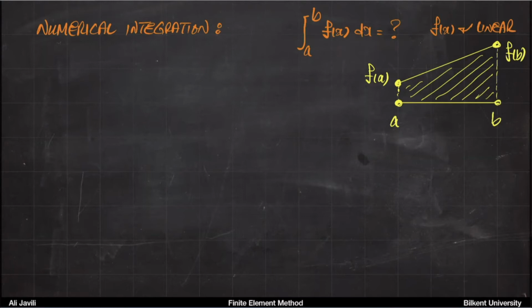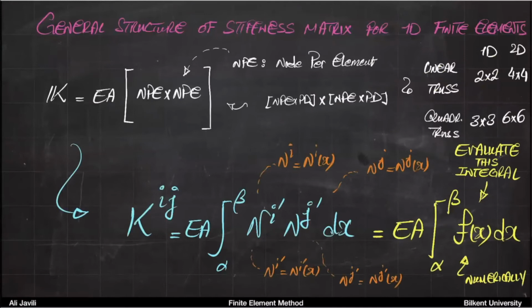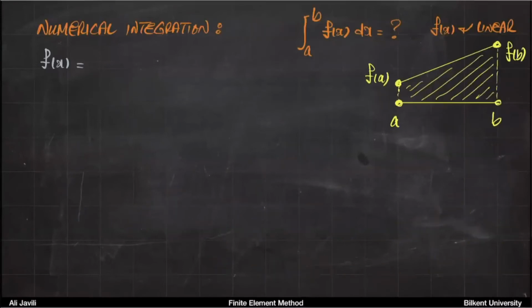So to start this, we need to write the equation of the line. You have f of a at a and f of b at b, so we should start by writing the equation of the line itself. So f of x is what? You remember you usually say it's mx plus b, a linear function.